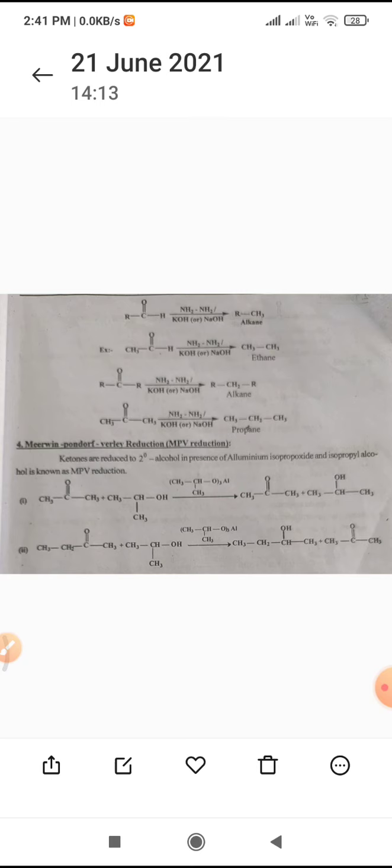Simply, carbonyl compounds react with Wolff-Kishner reagent to form alkanes or hydrocarbons. Example: CH3CHO, a carbonyl compound, reacts with Wolff-Kishner reagent to form alkanes. This is Wolff-Kishner reduction.